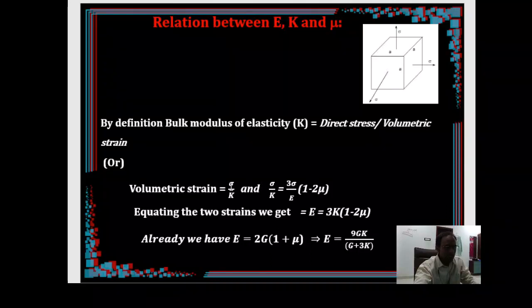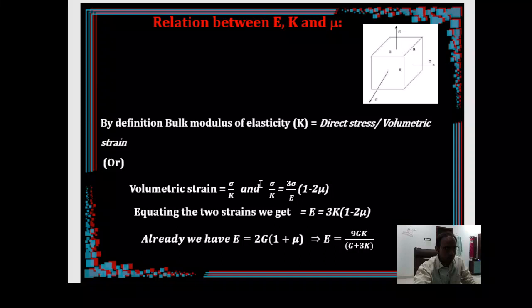We have calculated the volumetric strain here and kept it. Now the volumetric strain as calculated from the definition itself, straight away we have rearranged the terms, that's it.